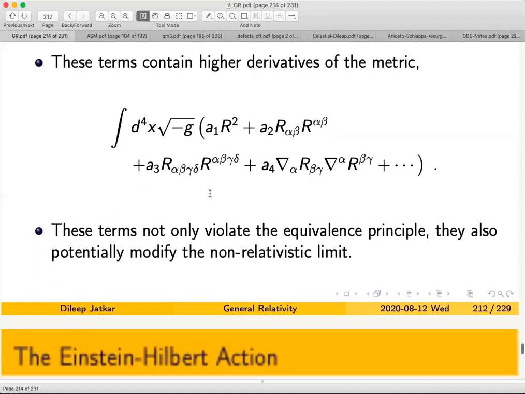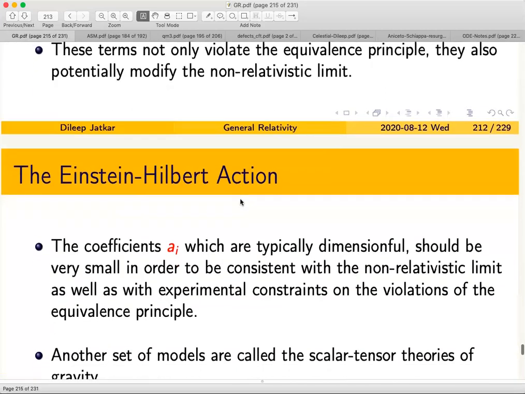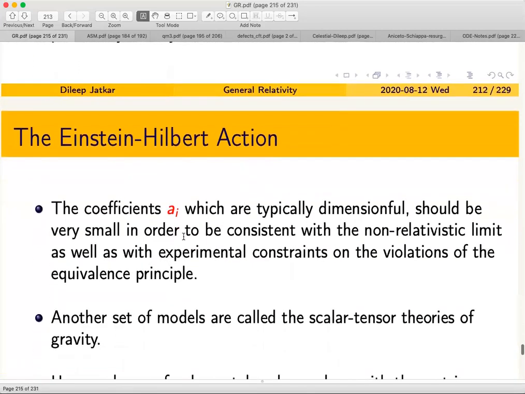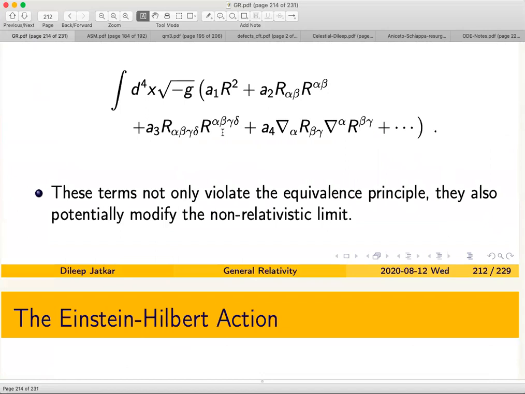Okay, so what we will find is that consistency with the non-relativistic experiments would put constraints on this coefficient AI. Now, coefficient AIs are typically dimensionful. In this particular case, the ones which I have written down, A1, A2, A3, are not dimensionful simply because the Riemann tensor has dimension 2.